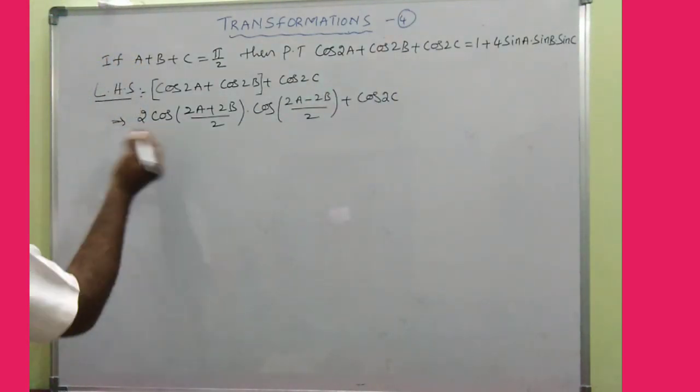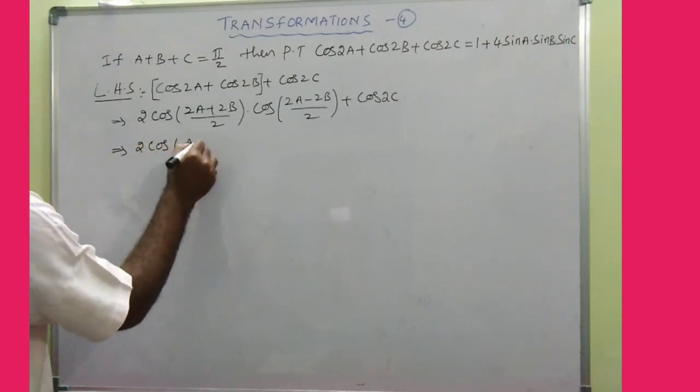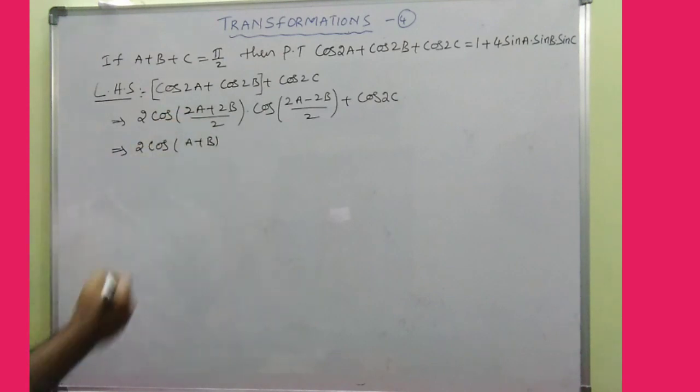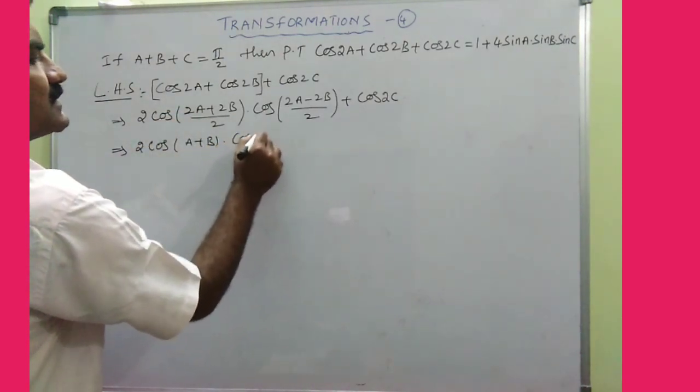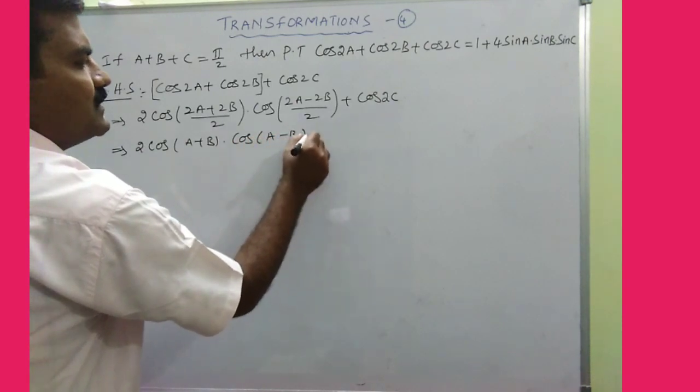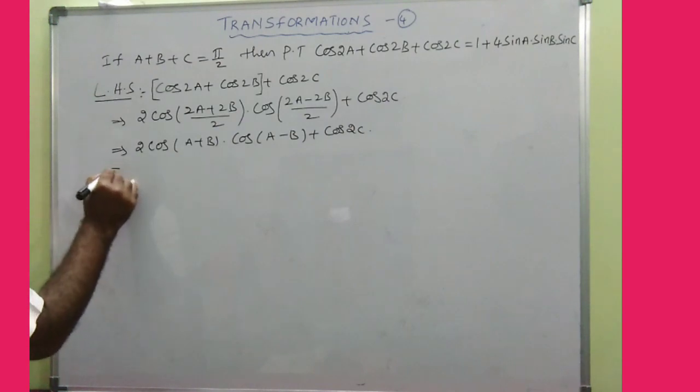Now you see, you can take 2 common and cancel it: cos of A plus B, and similarly cos of A minus B, plus cos 2C. The same process.